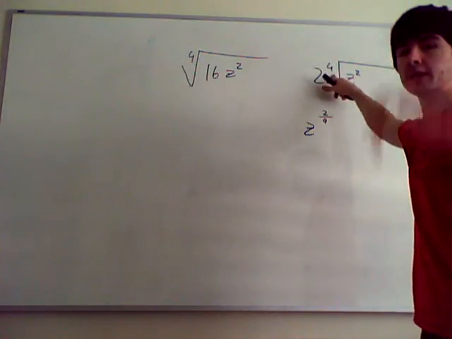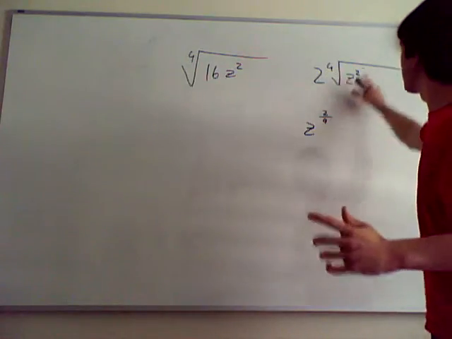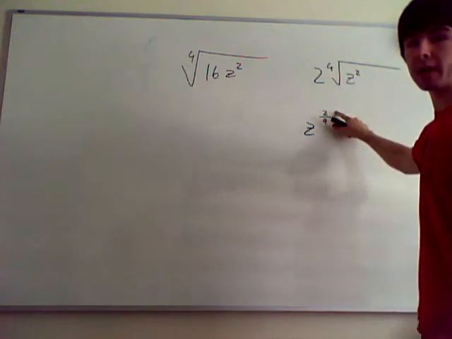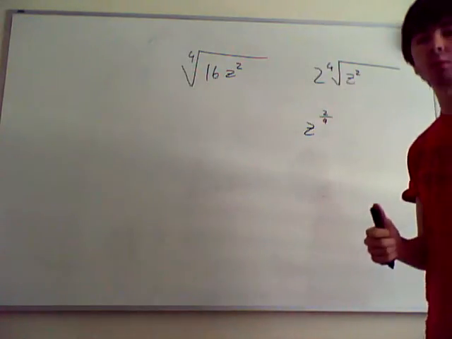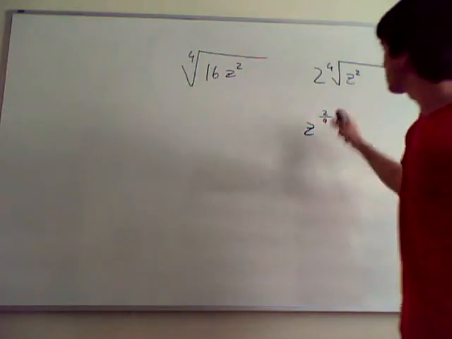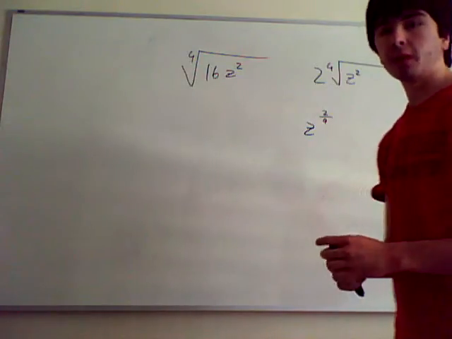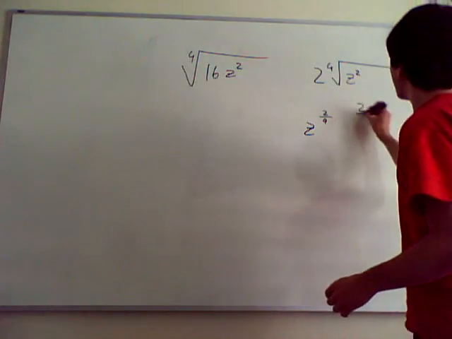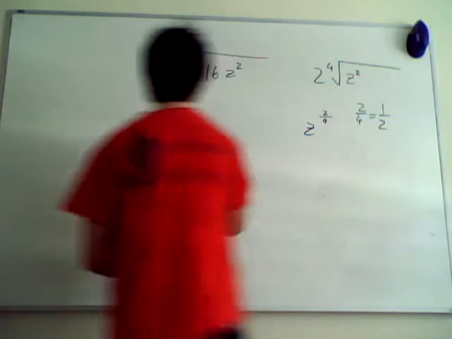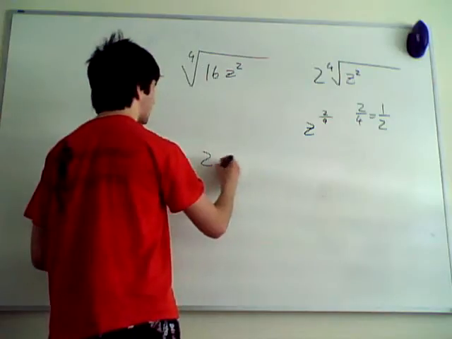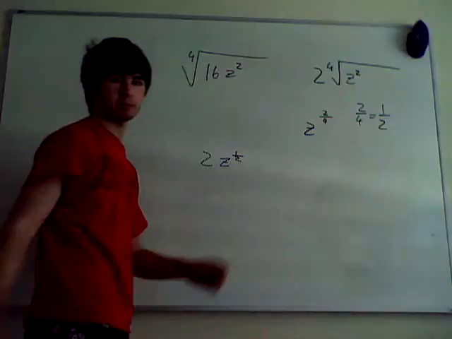Taking a root is making it go lower. So therefore, 2 becomes higher because you're multiplying by 2, and then you're dividing by 4 if you want to remember it. The 2 makes it more, the 4 makes it less, so therefore the 2 is on top and the 4 is on the bottom. 2 over 4 is the same thing as 1/2. Therefore, your simplified expression is 2 times z to the 1/2.